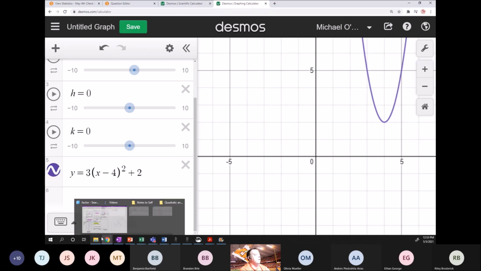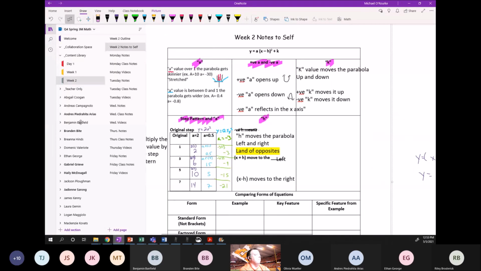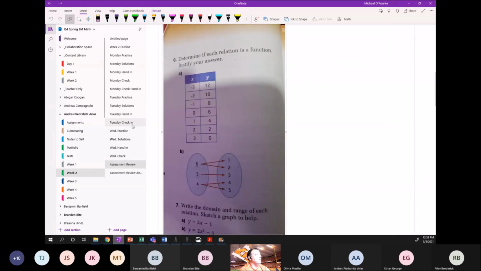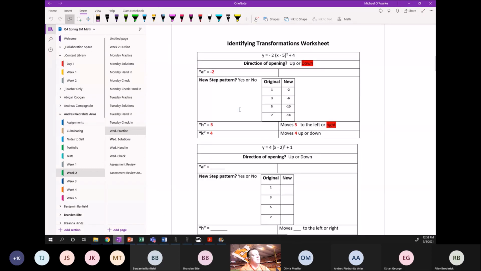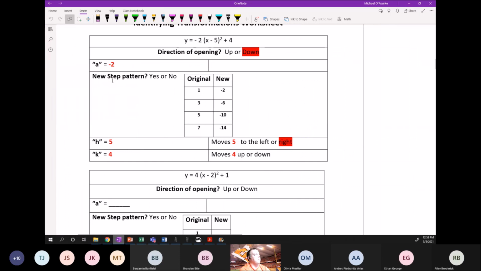Actually, the best way to do this is through the homework. So if I go to Andreas's homework, week 2, Wednesday practice, kind of did this first one here, although I messed it up.